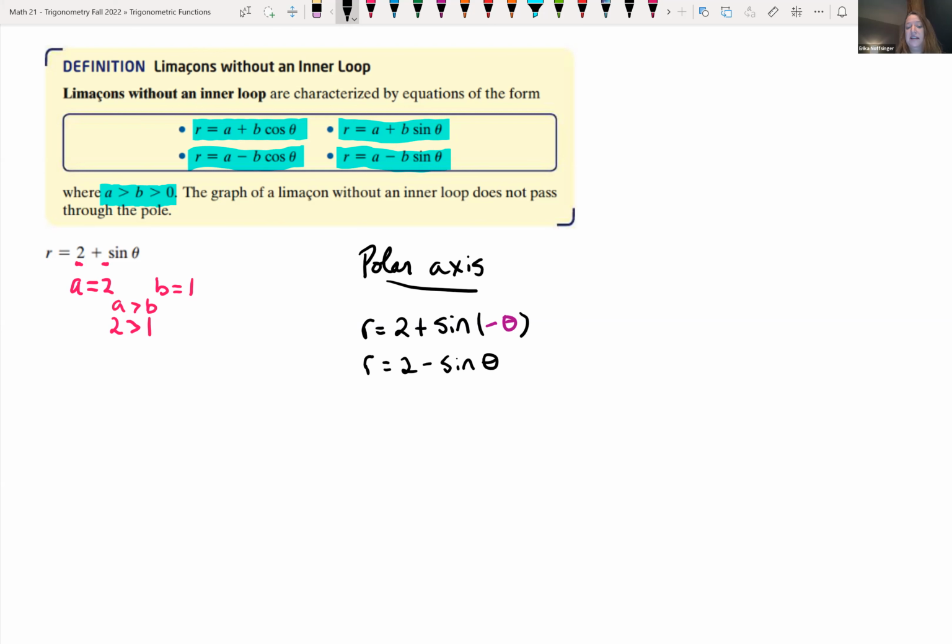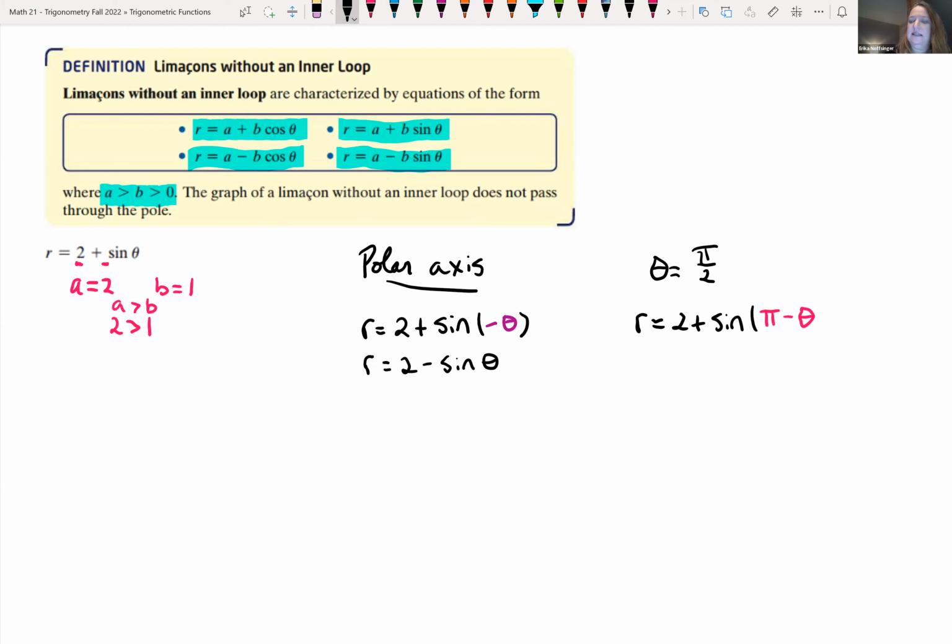So we could also test to see if it's symmetrical across the line theta equals pi halves. So if it's symmetrical across this line, theta equals pi halves, then we're going to replace theta with pi minus theta. And so let's do that. Doing that, we would get r is equal to 2 plus sine of pi minus theta.